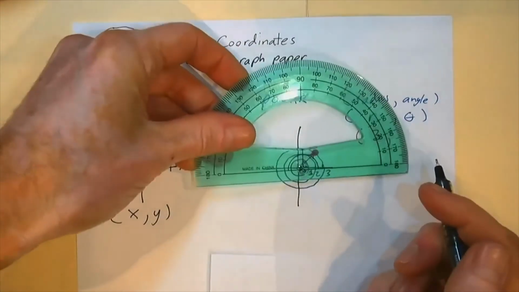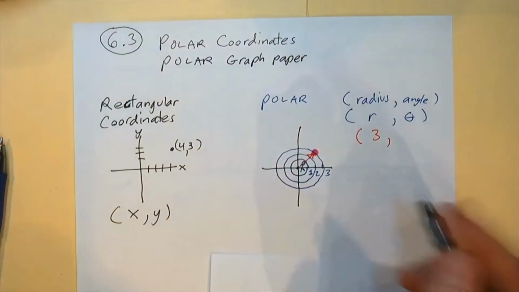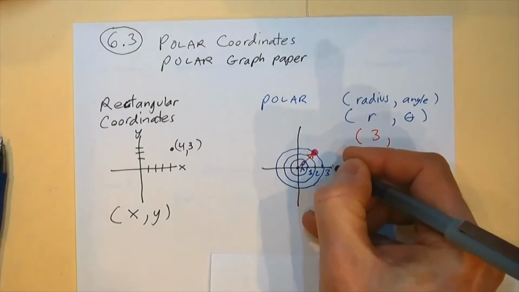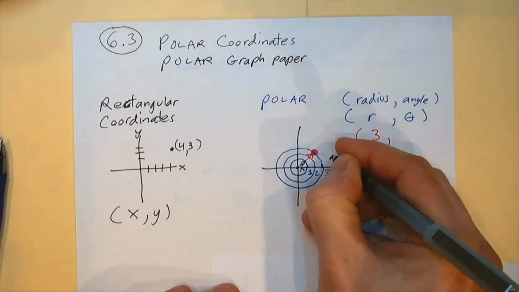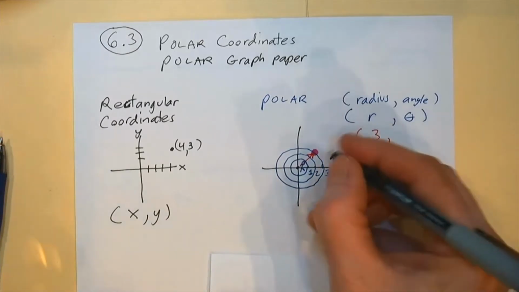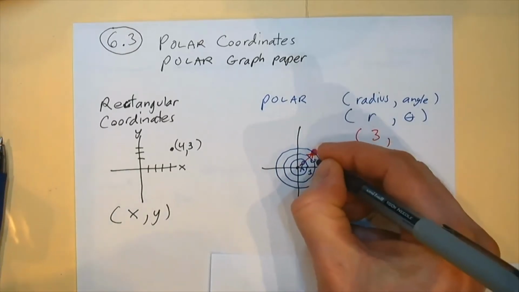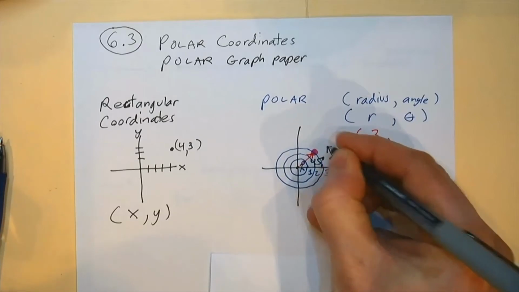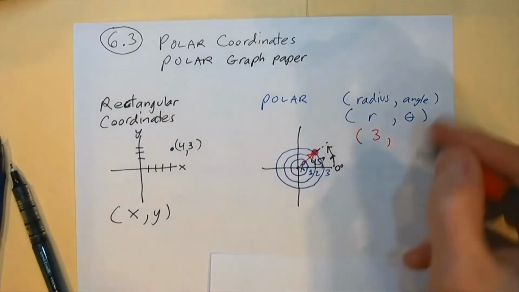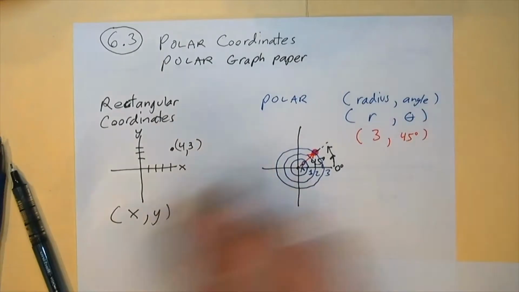Of course, you could use a protractor, but we won't make it difficult on you. Remember, we always start 0 over here, and just like your unit circle, as you go up, you'd say what this is. Let's say this is 45 degrees to line up with this. So you'd say 3, 45 degrees.